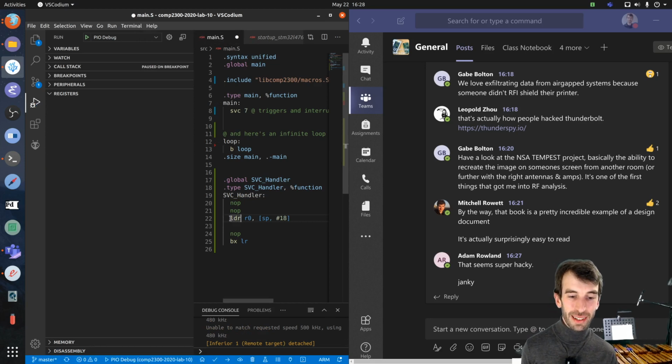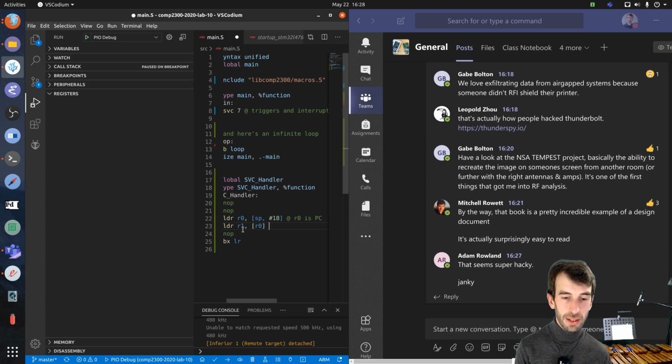So now we can get PC into R0, and I don't want to load PC if I, for instance, type R1 load R0. Whoops, here's PC. I want to load the PC into R1.